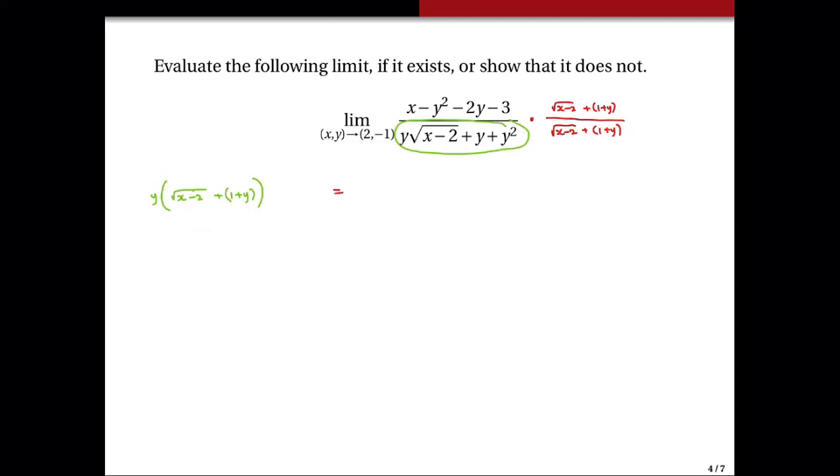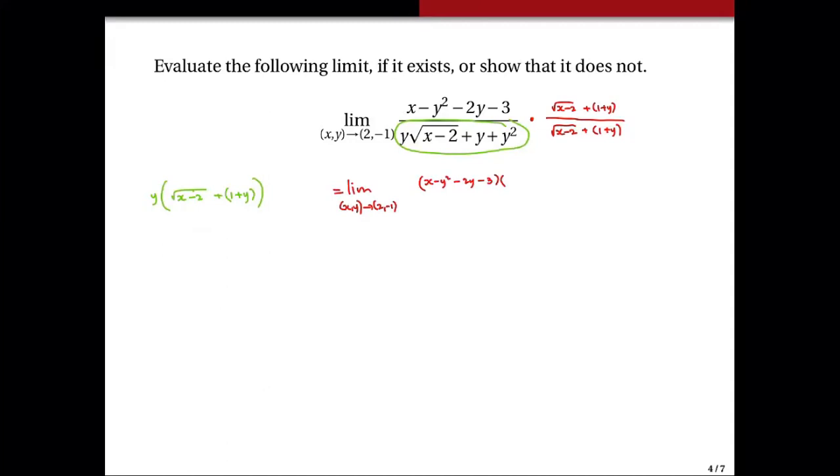So the limit becomes the limit as the point (x, y) goes to (2, -1). The numerator, let's retain that as x - y² - 2y - 3.